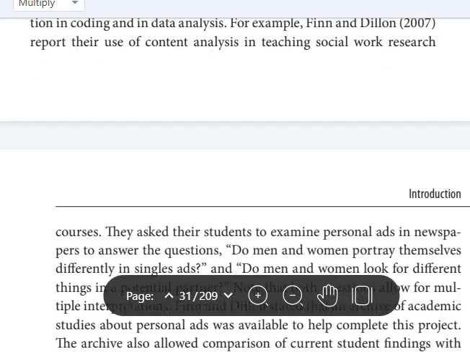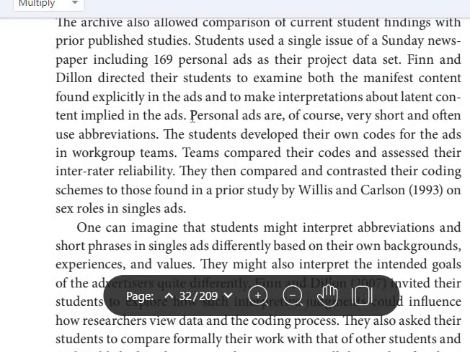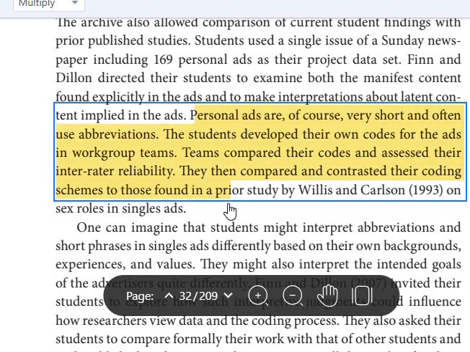In this study, personal ads are of course very short and often use abbreviations. Students in this analysis developed their own codes for the ads in work group teams. Teams compared their codes and assessed their inter-rater reliability. They then compared and contrasted their coding schemes to those found in a prior study by Willis and Carlson on sex roles in singles ads.